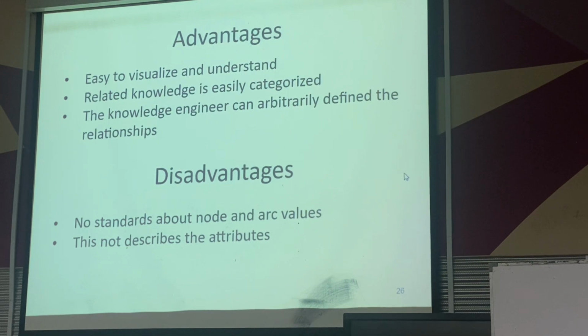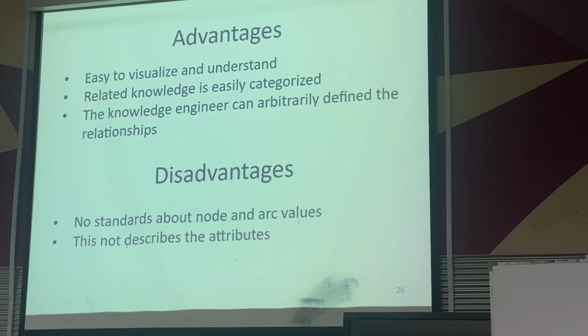So what are the advantages and also the disadvantages of the semantic networks? Easy to visualize, right? By looking at the semantic net, you know what the relationship is between one and another. So related knowledge is easily categorized. The knowledge engineer can arbitrarily define the relationship. Limitations: there is no standard. As I mentioned, it depends.